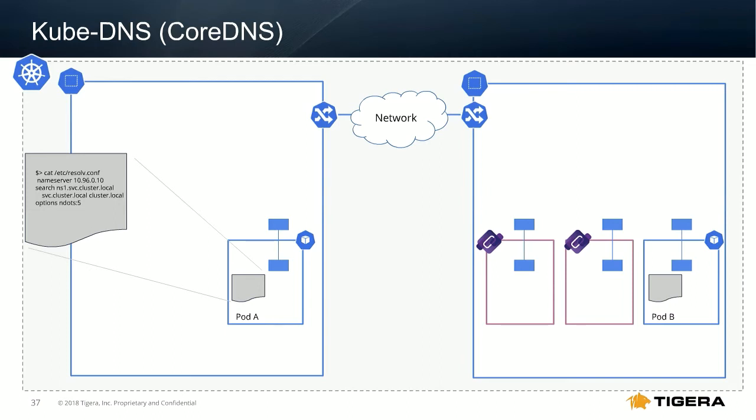And so CoreDNS is able to find the correct service IP for that particular service within that namespace. Secondly, if that particular service is in a remote namespace, then ultimately that search path can help find the service in the remote namespace. By default, you're always looking up the local namespace first.